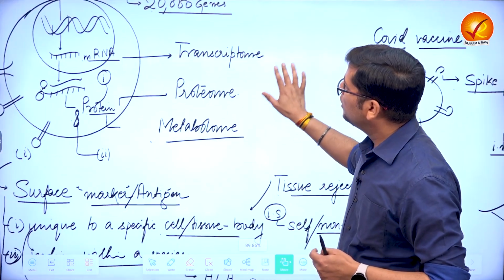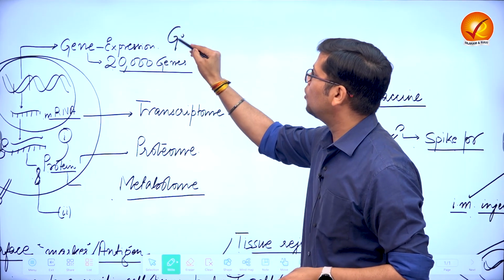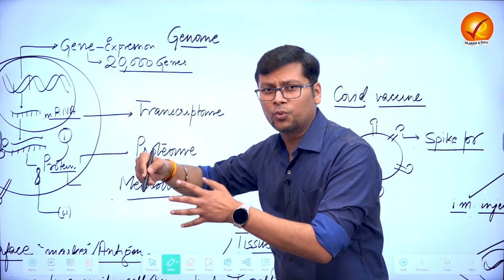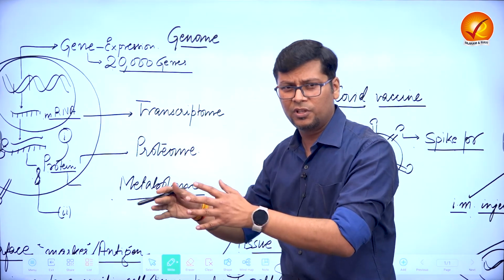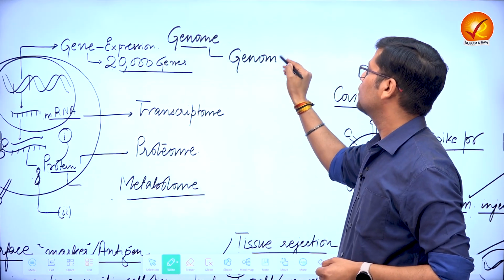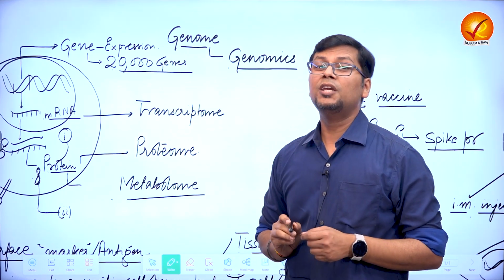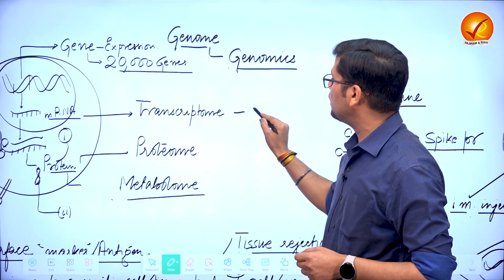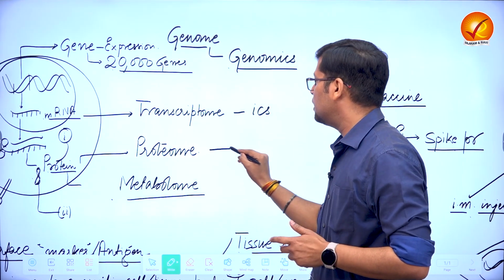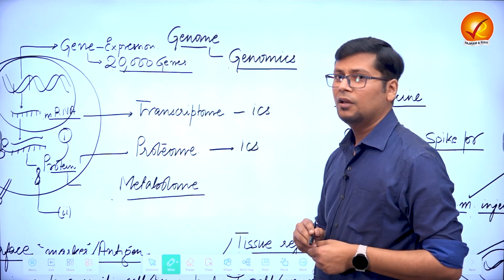And quickly work out: the study of the genome, the total genetic material and its sequence, mutations, everything, is called genomics. The study of the transcriptome will be called transcriptomics. The study of the entire proteome will be called proteomics.